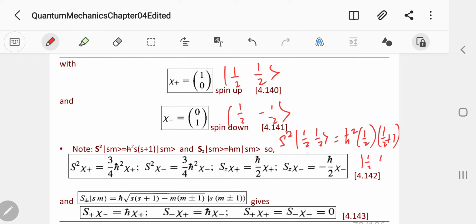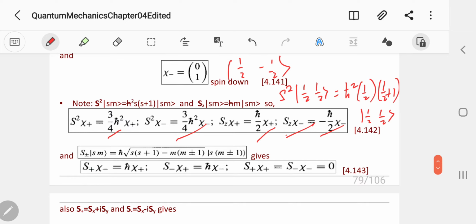So 1/2 plus 1 is 3/2, times 1/2 is 3/4. That's just that, and this is also true for chi minus. Sz on chi plus would have this eigenvalue, and on chi minus would have that eigenvalue.